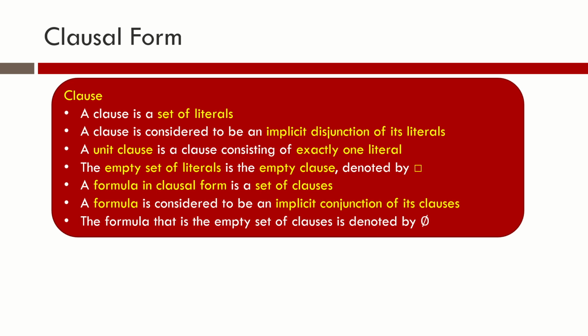That is actually considered as an implicit conjunction of the clauses. A formula that is an empty set of clauses is denoted using the notation null or phi. Clausal form is actually a notational variant of CNF.